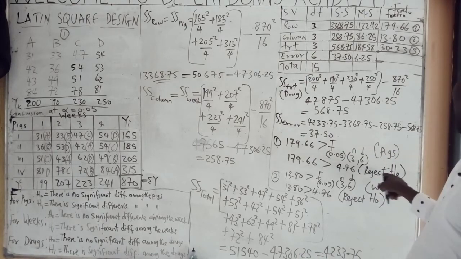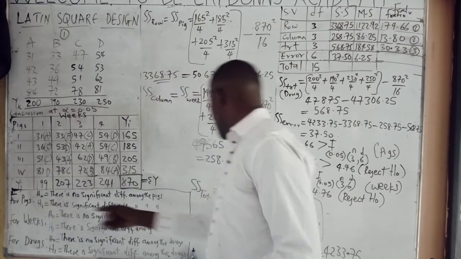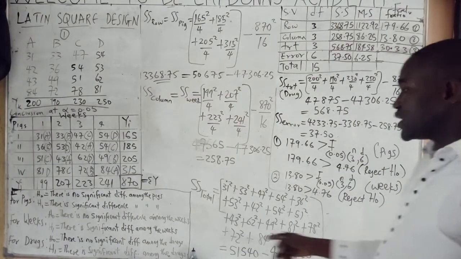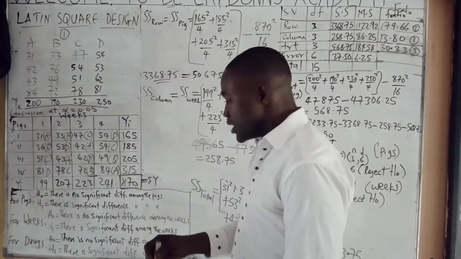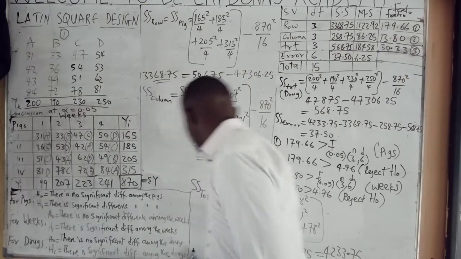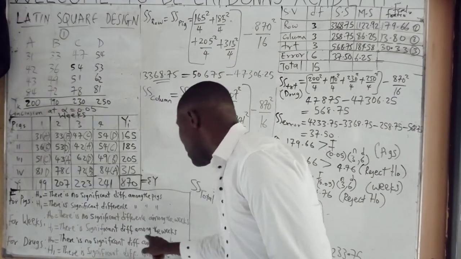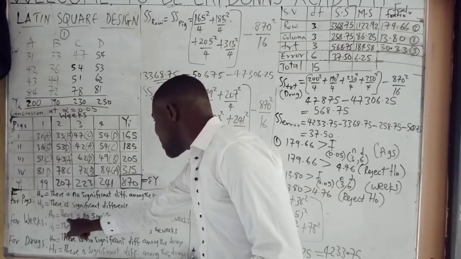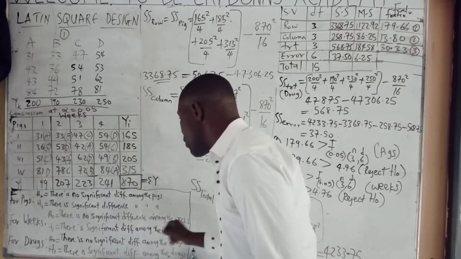So here we rejected null hypothesis for the one of peaks and accepted alternative hypothesis. But in the second one, we also reject null hypothesis, that is for the one of weeks, and accept the alternative hypothesis. Here, in that one of weeks, we say there is significant difference among the weeks. Yes, we have rejected the null hypothesis that said there is no significant difference among the weeks. So there is significant difference among the weeks.